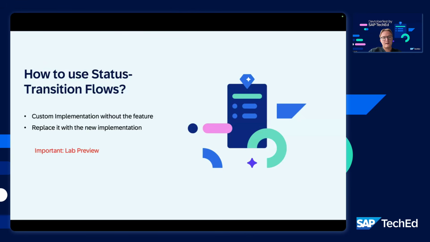And then we will replace all of that old implementation with the new one, with the small steps you need to take to achieve the same feature. Important to note, this is a lab preview, so not everything you see is already out there to be used. So there may be some changes coming up to it. Just keep it in mind.